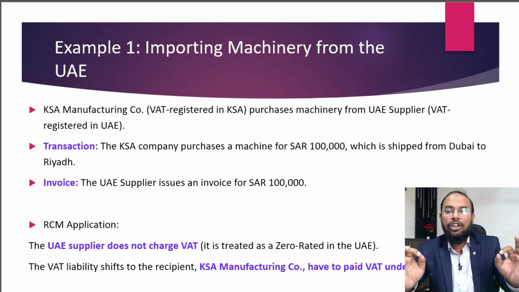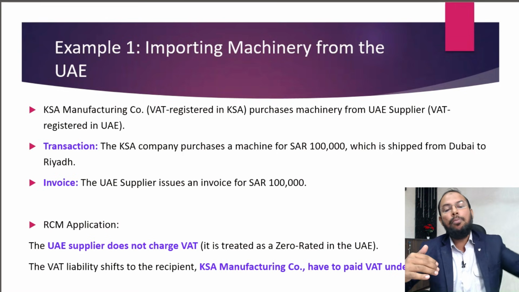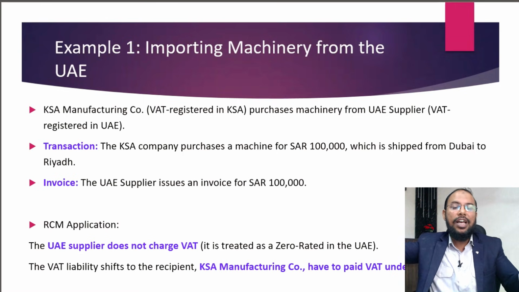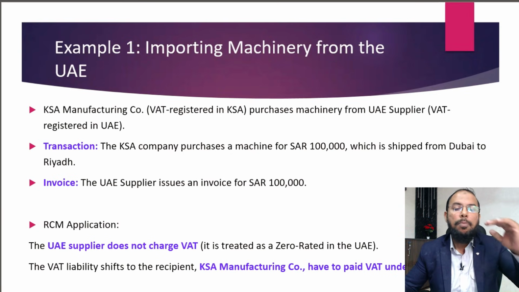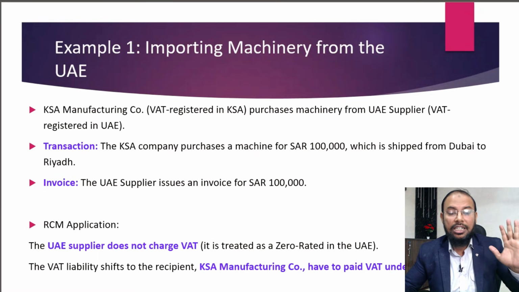This is the normal scenario, where there is an exporter from the UAE and an importer in KSA. The exporter is zero rated, but in KSA if you are importing any goods, you have to pay VAT under RCM at the time of importing goods. I hope this is clear.